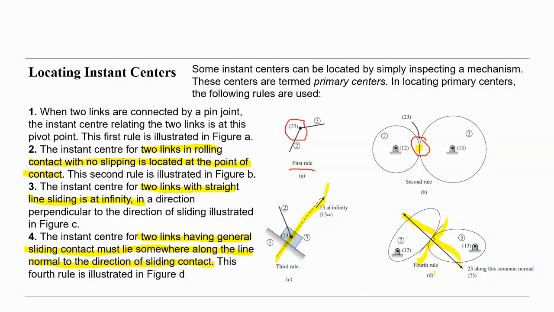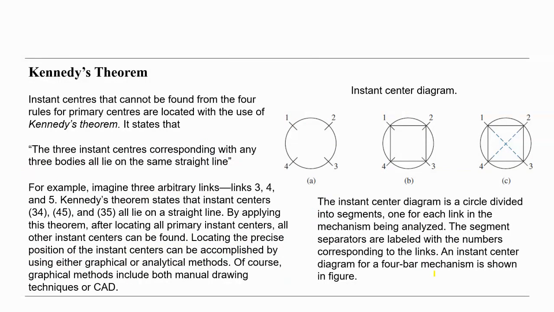Knowing this information, we can easily find the instant center, and we will learn how to calculate the speed using the instant center. There is a theorem called Kennedy's theorem. Instant centers that cannot be found from the four rules for primary centers are located with the use of Kennedy's theorem.